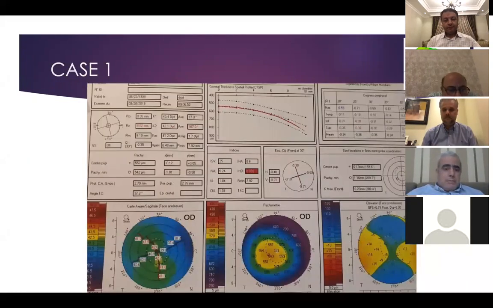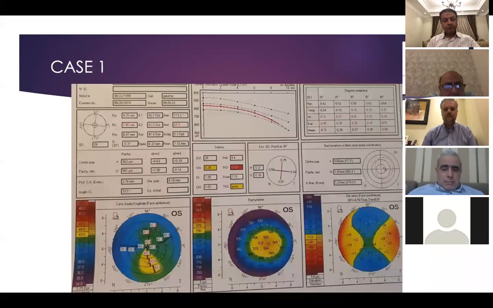For the right eye, the skewing is very apparent. The thickness is not concentric well, but let me see the left eye, please. The left eye, yes. There is steepening. There is a difference between the inferior and superior of around two diopters together with the skewing.